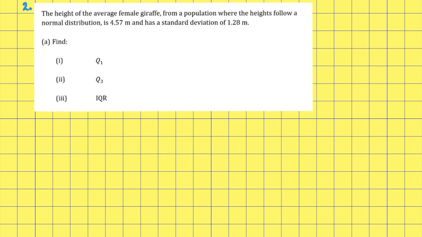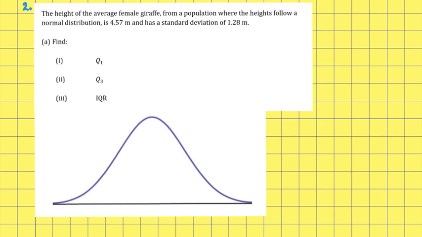Let's draw a diagram of exactly what we have. We are told that the mean is 4.57, so that goes there.